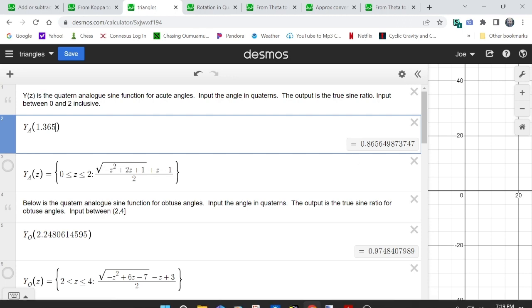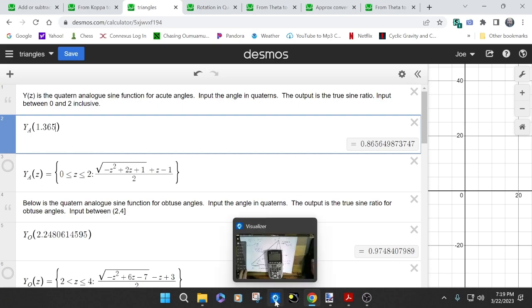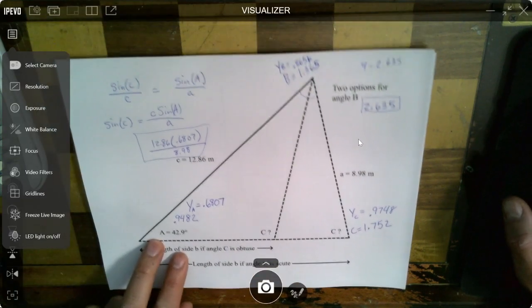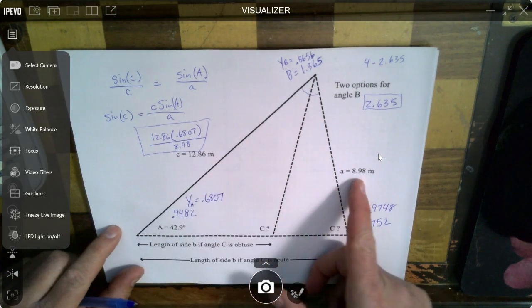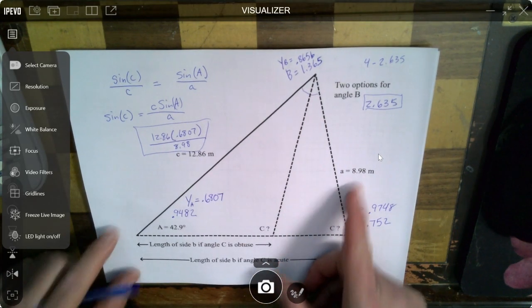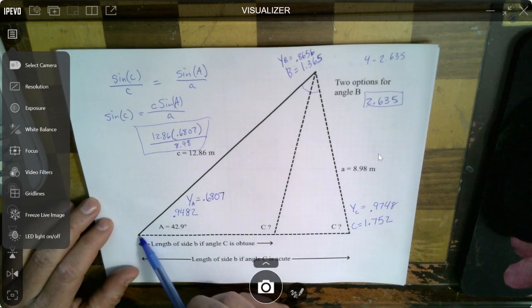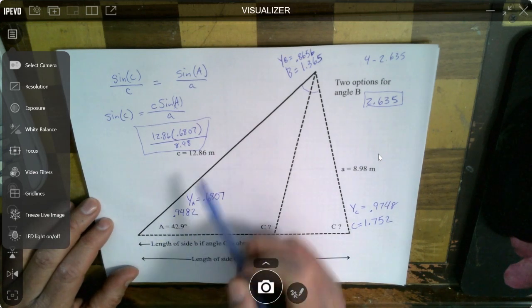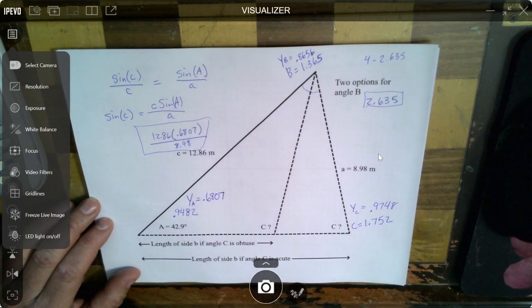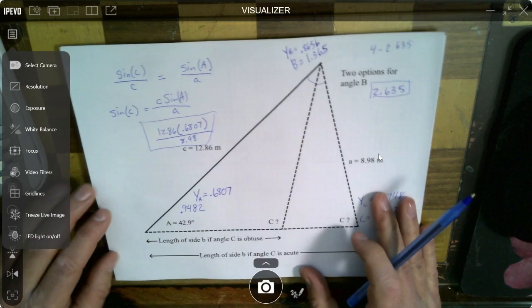Now, since we know all three angles and we have two sides, the only thing left to solve in our triangle is this side opposite right here. We use a similar law of sines setup.